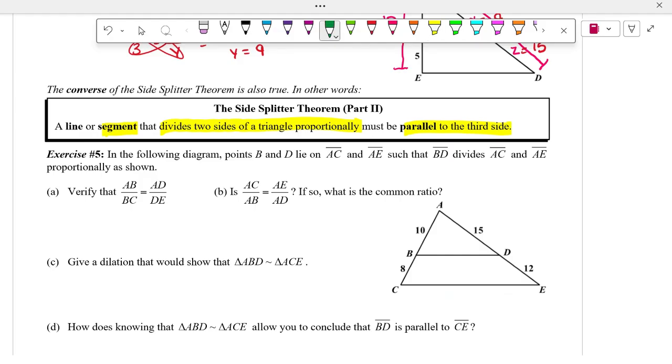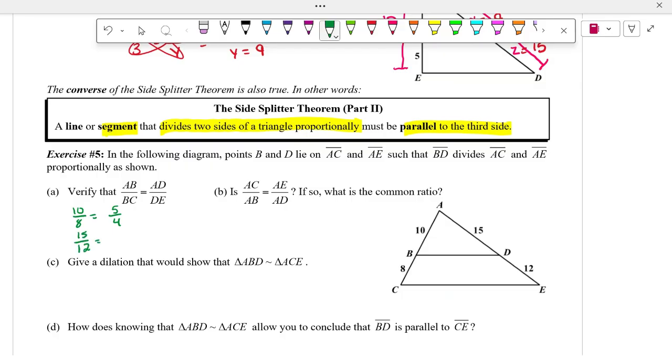So we just got to verify first that AB over BC is equal to AD over DE. So 10 over 8, that's AB over BC. What's 10 divided by 8, simplified down to? No, that's 5/4. My bad. All right. 15 over 12, that's AD over DE.